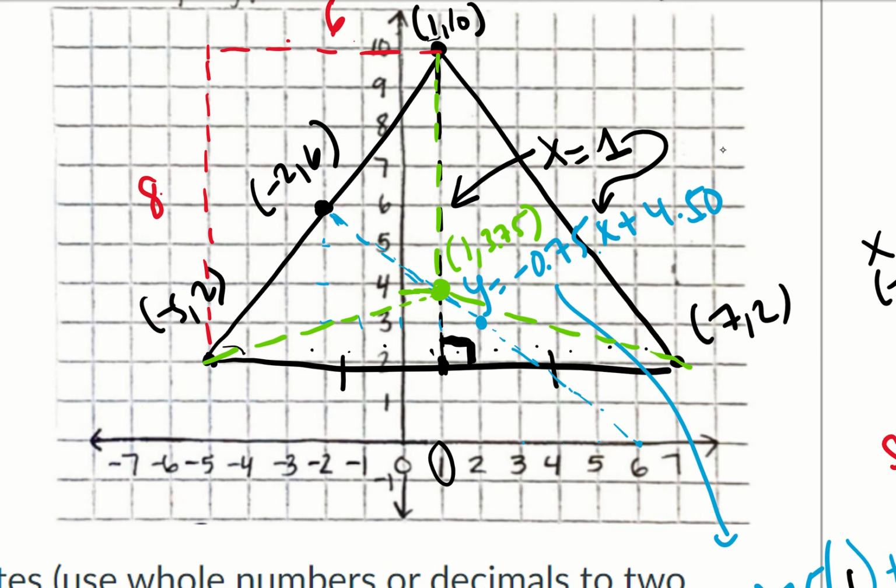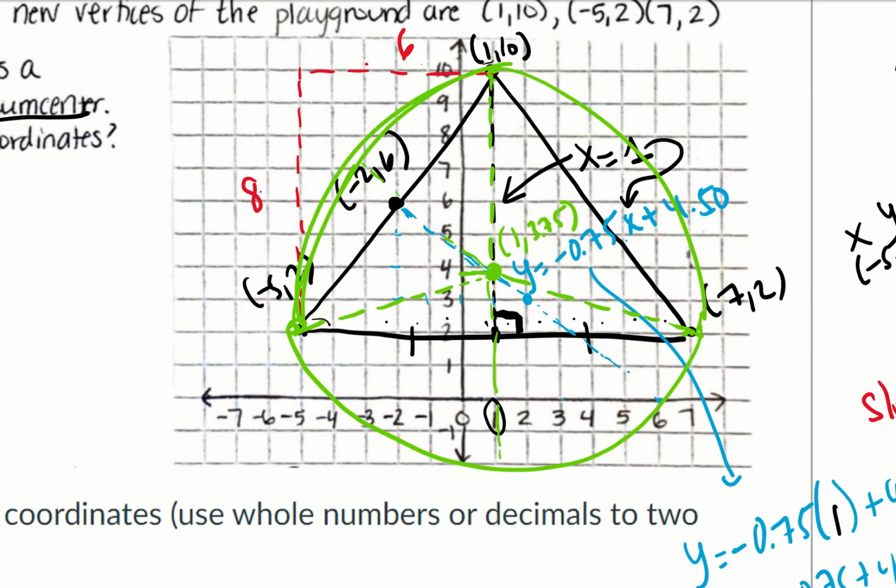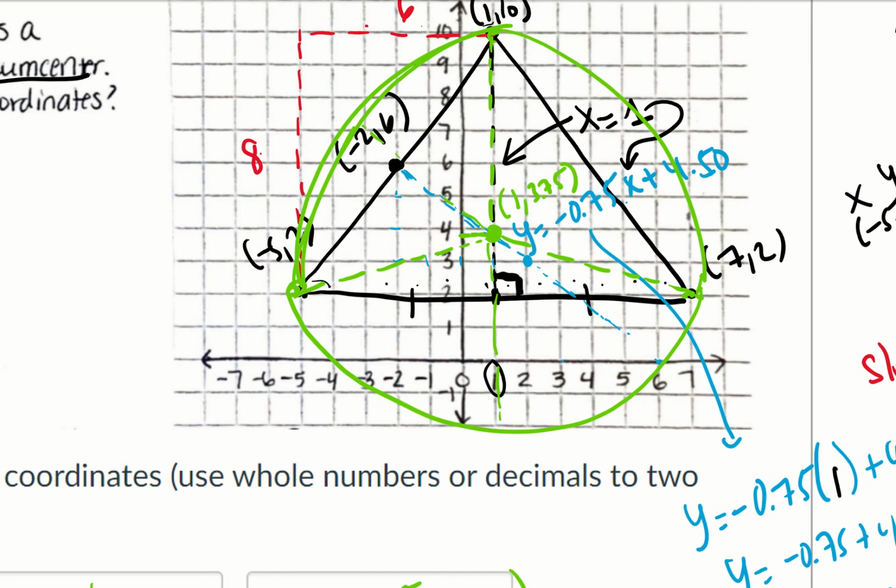And if I were to draw a circle with that radius, that right there is my circumscribed circle. And that's why it's called a circumcenter. And that touches the corners of the triangle, as we can see. This is just a little extra information to remind you what the circumcenter is.